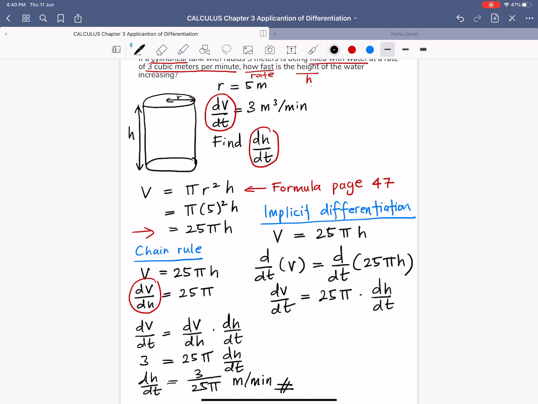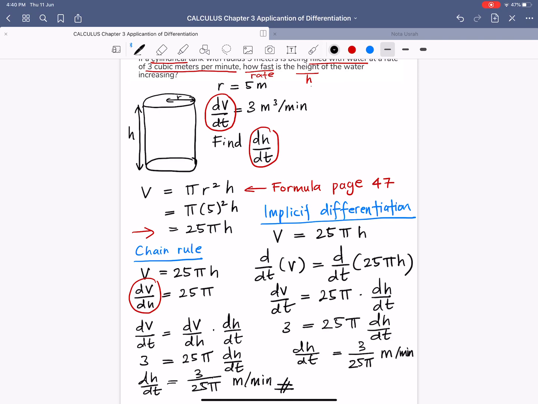Since dV dt is 3, we substitute, 3 equals 25 pi dh dt, therefore dh dt equals 3 over 25 pi meter per minute.